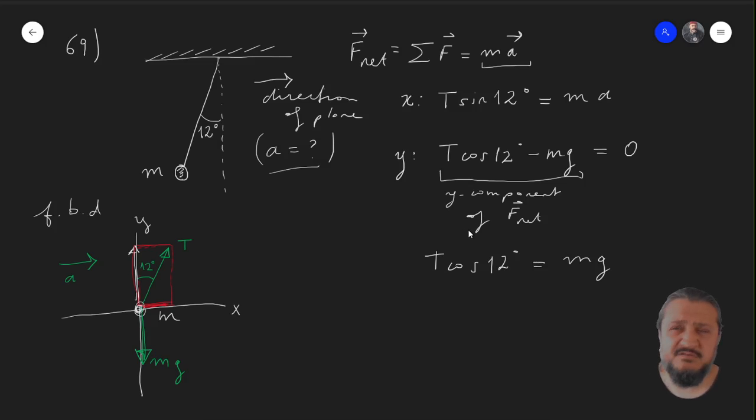What is sine over cosine? I mean this applies to many problems, and you will see this a lot, right? What is sine over cosine? That's tangent, right? Tangent 12 is by definition sine over cosine.